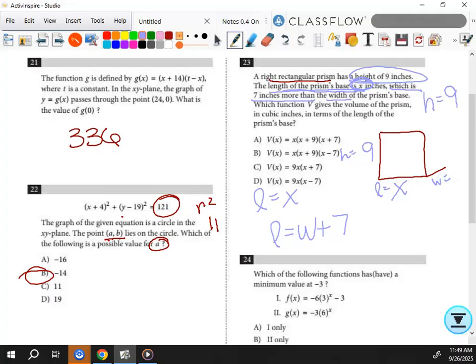If I solve for the width, it's going to be the length minus 7, which means the width is x minus 7. X minus 7, not plus 7, okay? Just because I see the words 7 inches more doesn't mean my answer is going to have a plus 7 in it. So then when we multiply these, I'm multiplying 9 times x minus 7, which is D.